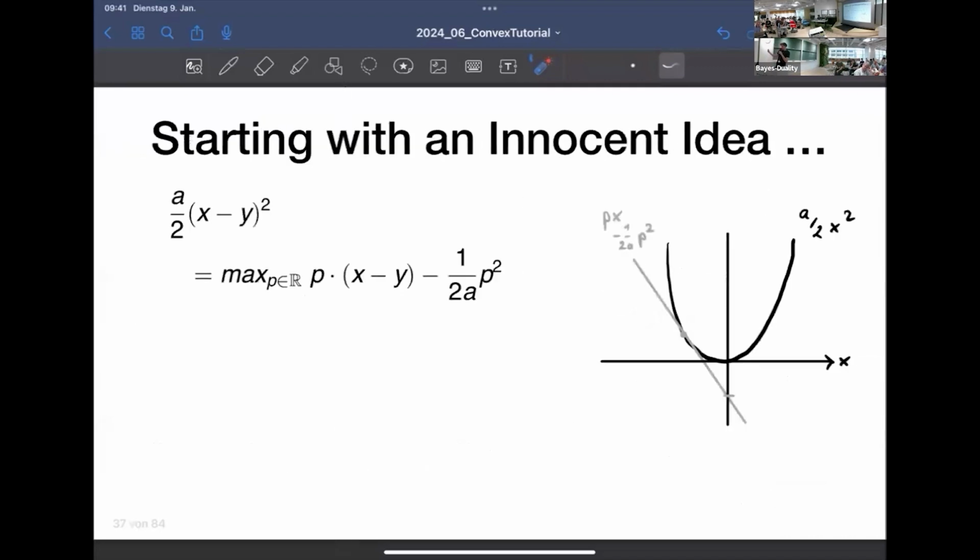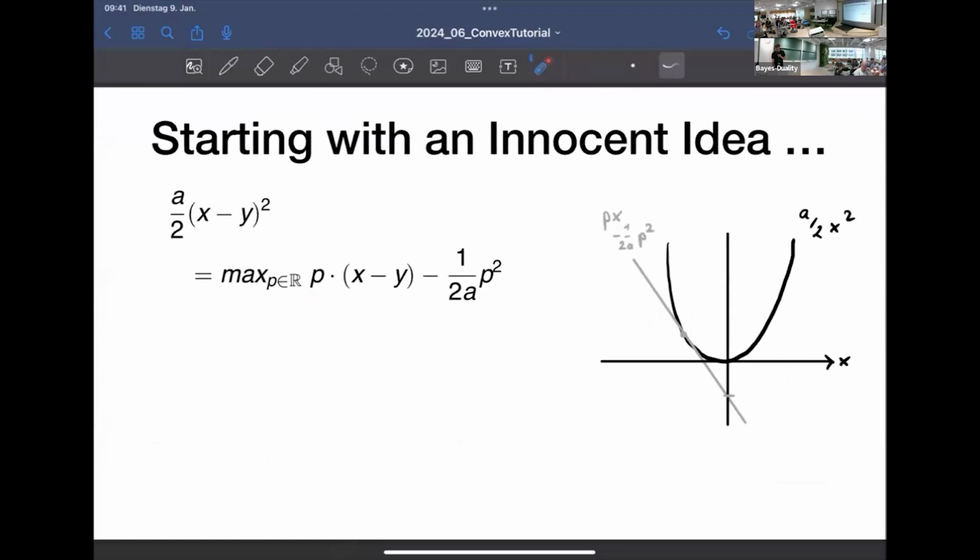So you can do this, and you can also do it for quadratic functions. I do this now because I want to give an example on ridge regression. So we have here our quadratic function a over 2 (x minus y) squared. I claim I can write this as a maximum over all these linear functions. This is really a linear function in x, because it's just p times x, and then I have here my intercept, which looks like this.